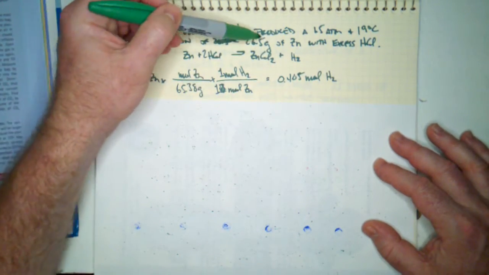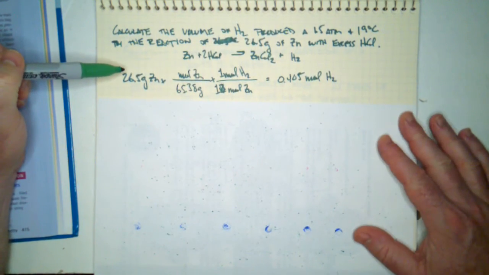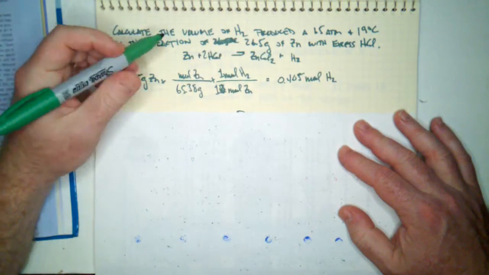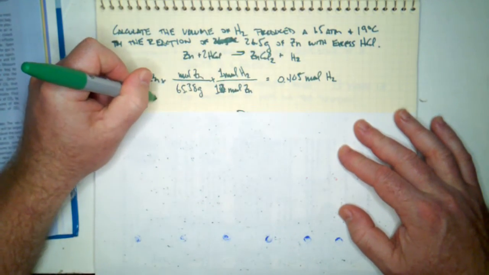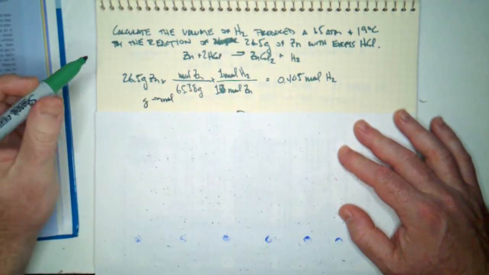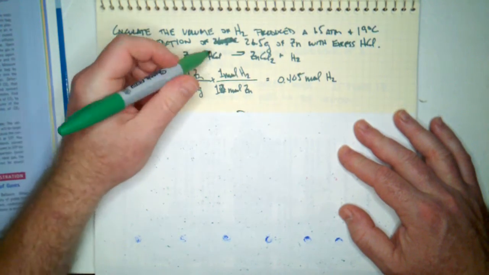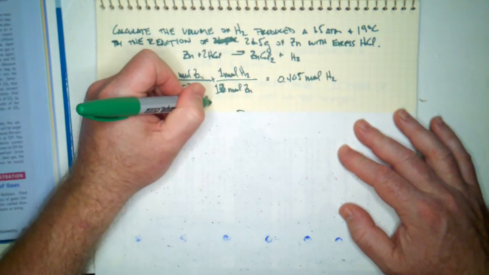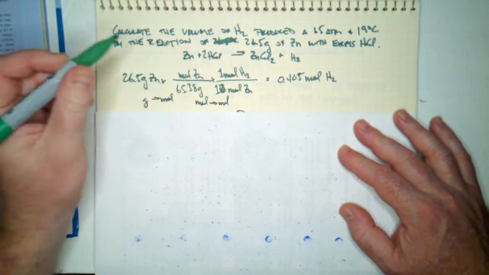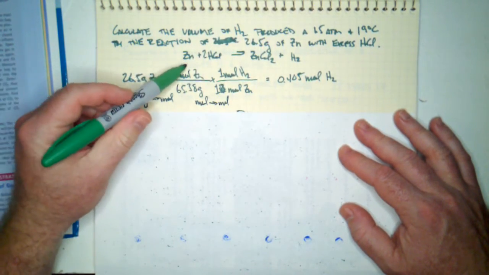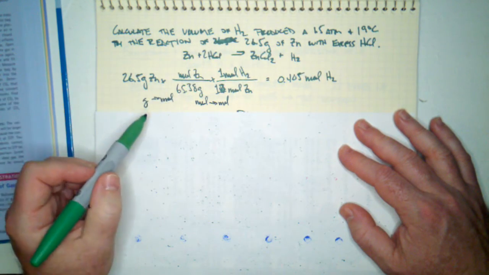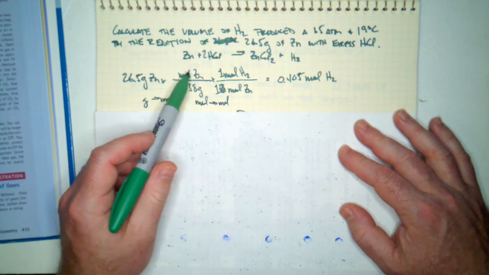Well, just like before, we start with the 26.5 grams of zinc. We then go from grams to moles, right here, and then we go from moles to moles. So to get moles, we divide by the molar mass of zinc, which is 65.38 grams per mole of zinc.